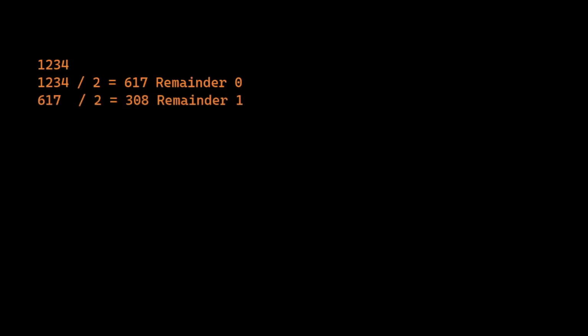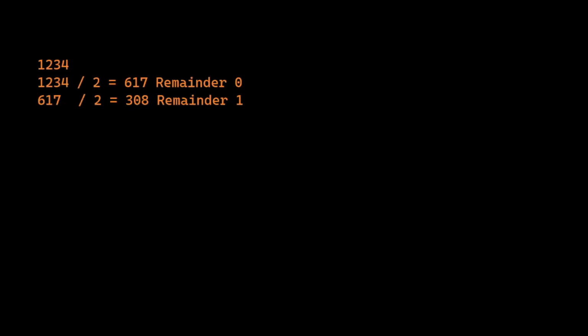In the division method, we start with the number we're converting, and we repeatedly divide it by 2, keeping track of the remainder. Start with 1234. We divide it by 2, and we get 617, no remainder. Divide 617 by 2. We get 308, with a remainder of 1. Remember, since we're dividing by 2, we will only ever get remainders of 0 and 1.